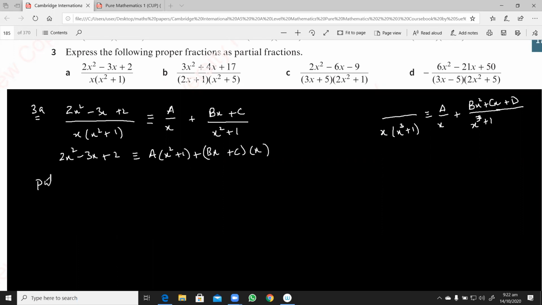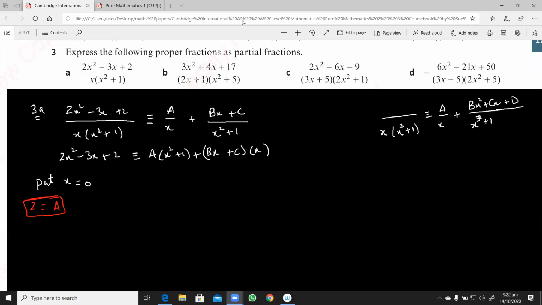Put x equal to what? Yes? 0. 0, okay. So you put this x equal to 0, and there you go. All of this is 0, just 2 is left here on the left hand side. And here you have a into 1, so that is your a. And all of this will become 0 because your x is 0 here. Okay, so here is your a, which is going to be 2.